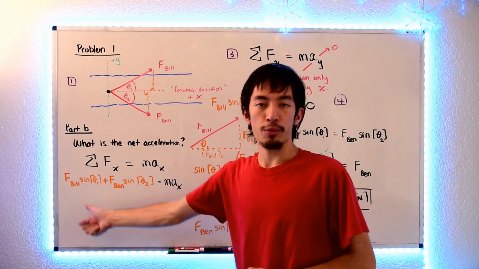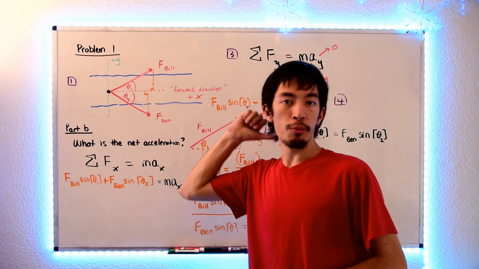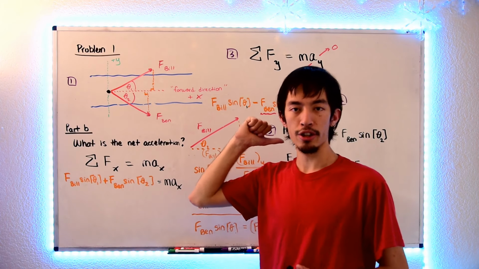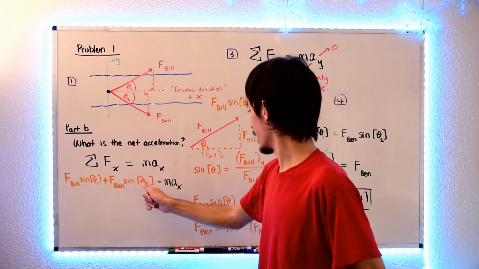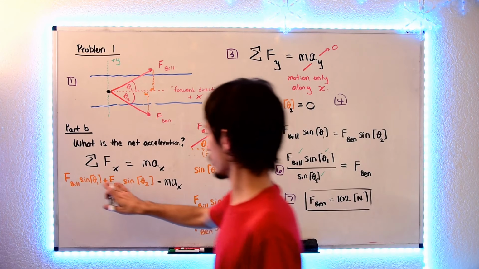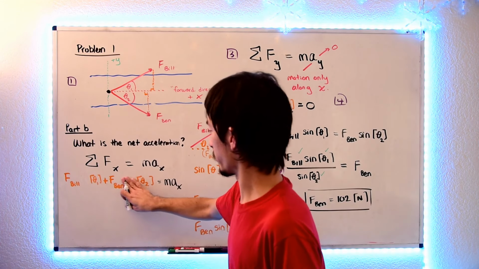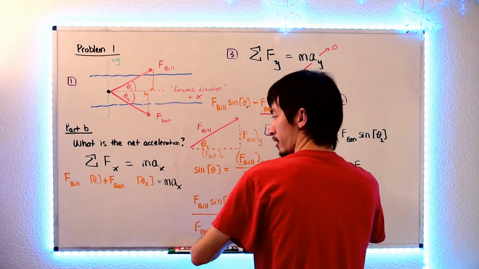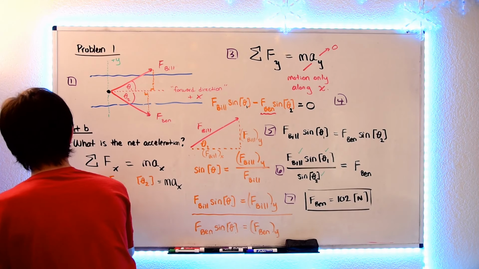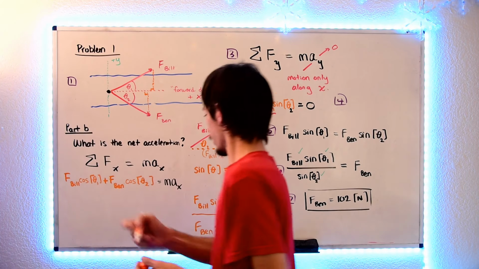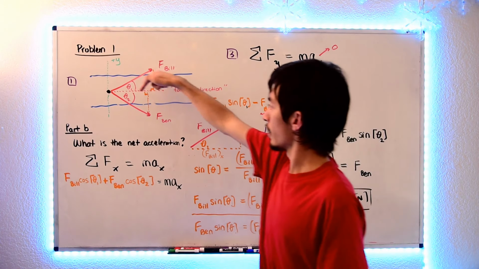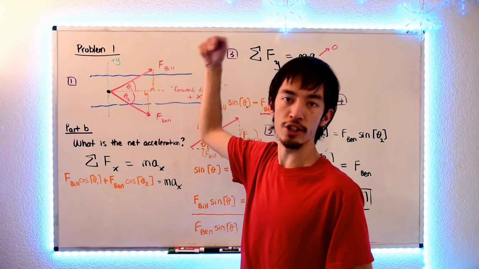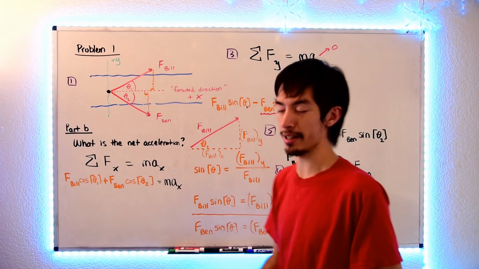To reiterate, we're going to add them together because they're both pointing to the right along the positive x direction, and we're both using cosine, not sine, sorry. You probably think I'm cuckoo. It's cosine. Both using cosine because they're both the adjacent side along the x-axis. So adjacent and hypotenuse will be cosine.